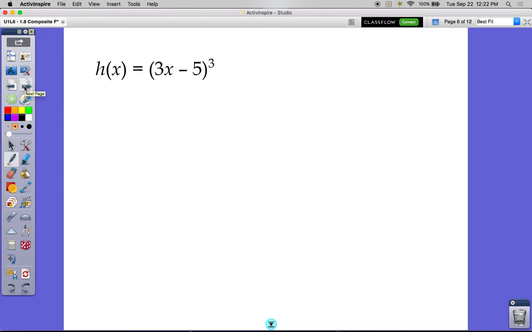How do we simplify this expression? We did f of g of x where we put something into cubed. It was pretty simple, now it's not going to be. But keep in mind that 3x minus 5 to the third power is 3x minus 5 times 3x minus 5 times 3x minus 5.